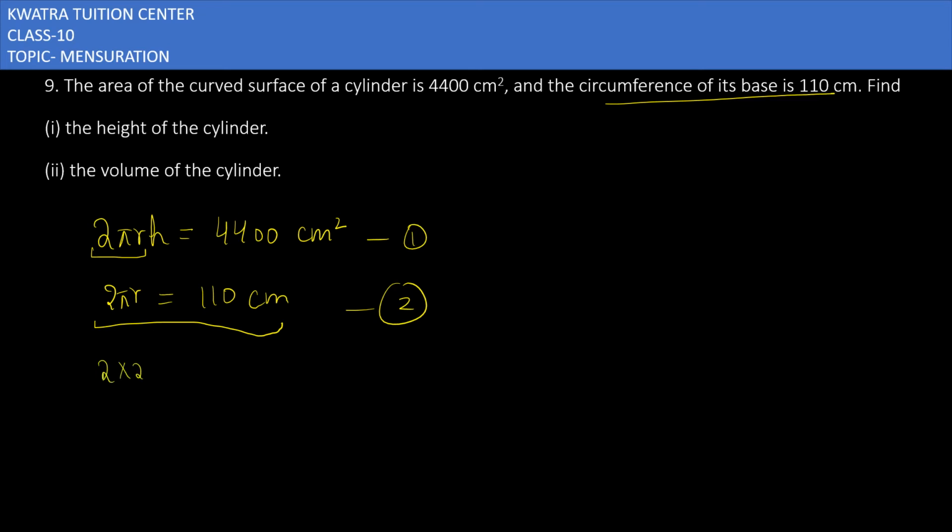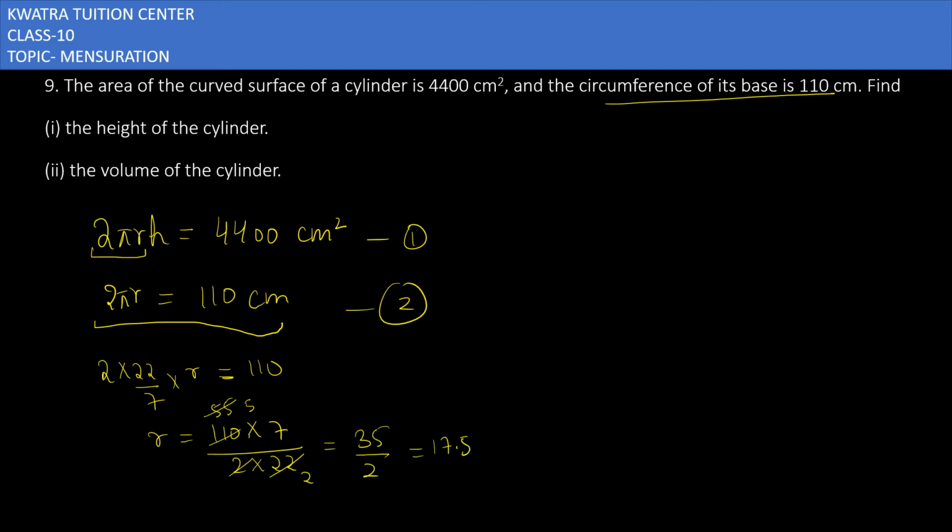So you have 2 into 22 by 7, then r as it is, then you have 110. Then you can take 7 to the other side, 2 and 22, then 2 can be cancelled and you can write 55. 22 and 55 can be cancelled, this will be 5 and this will be 2. So you get 35 over 2 and 35 over 2 is 17.5 centimeter.